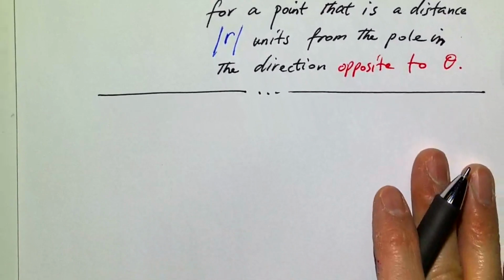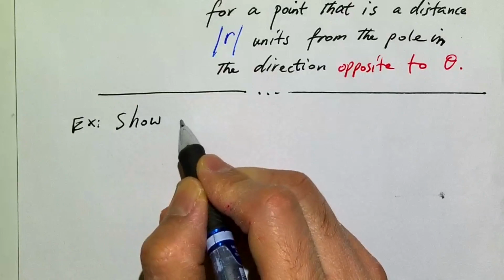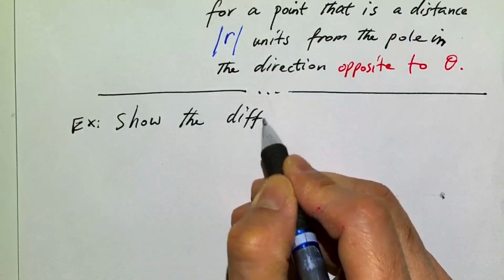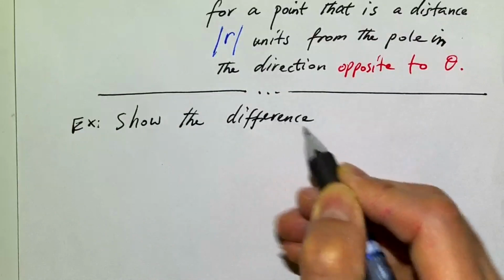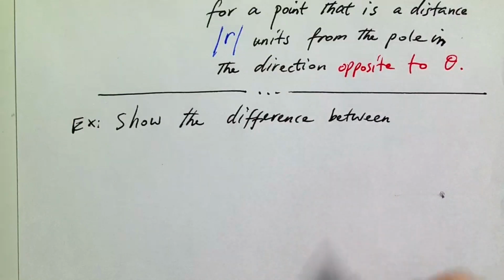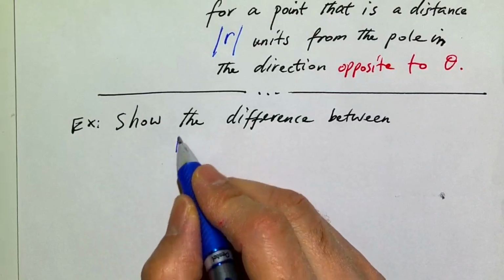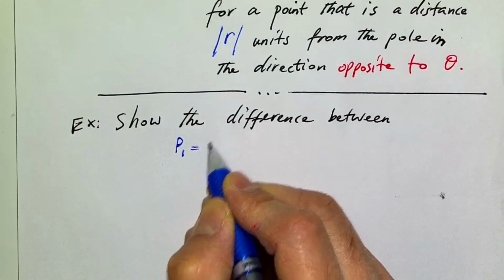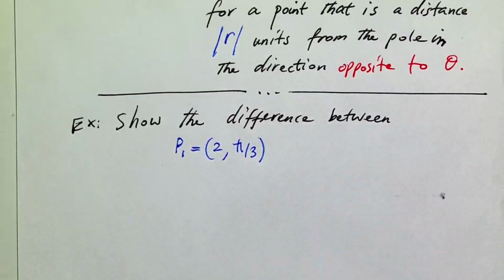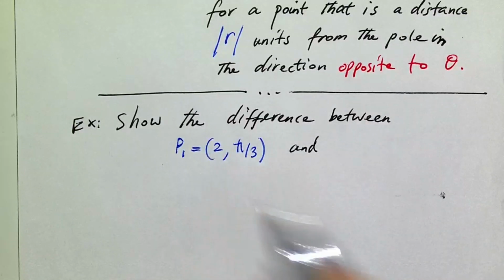So in this example, we want to show the difference between P1 equaling 2 comma pi over 3, and the same point with the exception that this r is negative.